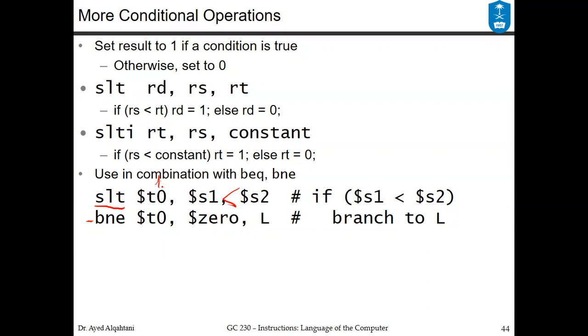This is going to be 1 if this is true. And now here we say branch if not equal. So now we know this is 1. If they are not equal, and 1 is not equal to 0, at this point you branch to the label L.